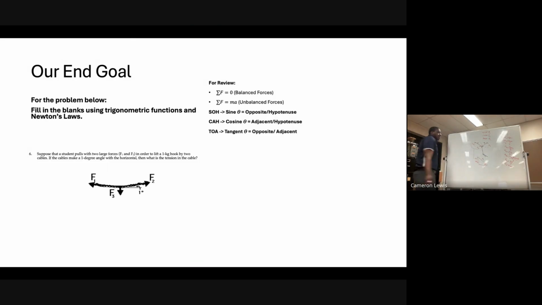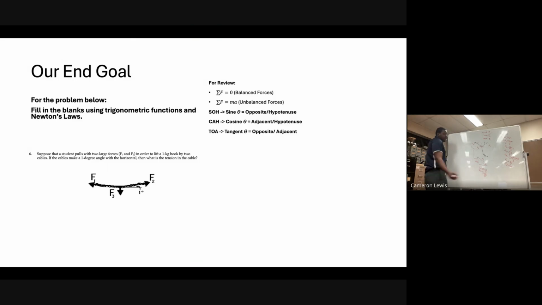Which trig function would I use? Sine. Because my angle is how much? 1. So now I come over here, sine of the angle is equal to opposite over hypotenuse. Sine of 1 is equal to opposite, which is 4.9 over my hypotenuse, which is my tension.